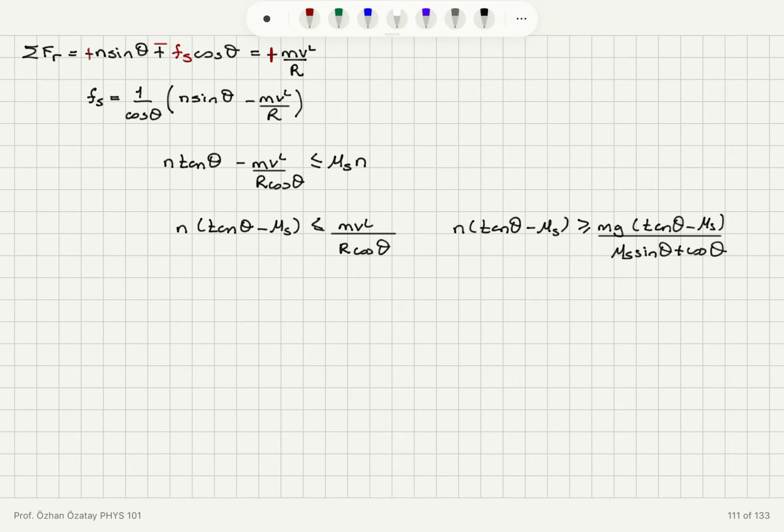So putting these two pieces of information together, I can basically write mv square over r cosine theta should be greater or equal to n tangent theta minus mu s, which is greater or equal to mg tangent theta minus mu s, divided by mu s sine theta plus cosine theta.